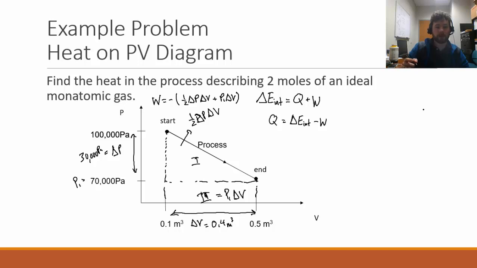The second step is to find the change in the internal energy. The way we're going to find the change in internal energy is looking at the change in temperature. So if you know the change in temperature, you can find the change in internal energy by using a specific heat at a constant volume. Now note, this is not the actual process, meaning that it's not actually at a constant volume.